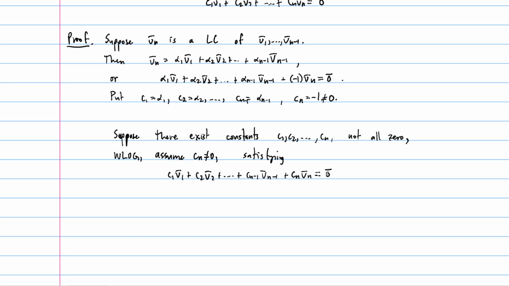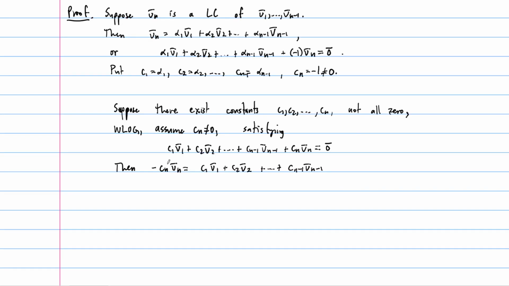So the first thing we can do is move this over. Remember, C sub n is not 0, so we can subtract this to the other side. And we'll have negative C sub n V sub n is equal to this linear combination on this side, C1 V sub 1 plus C2 V sub 2, all the way up through C n minus 1 V sub n minus 1.